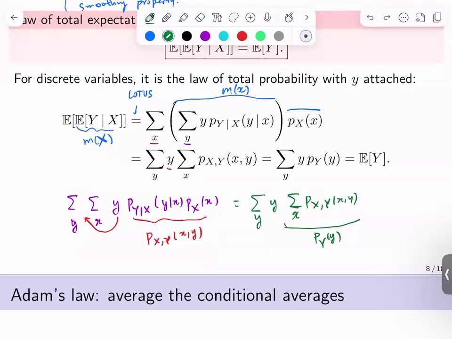So this is by the marginalization idea. Multiple concepts that we discussed are at play: the law of unconscious statisticians, the definition of conditional density or probability mass function, and the marginalization idea.